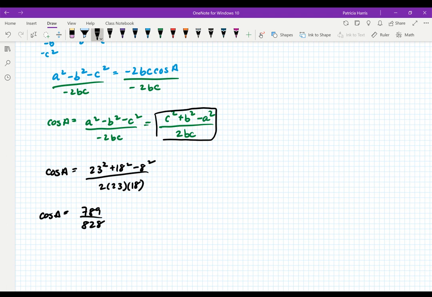If I take the cosine inverse of both sides, I get 17.655, or 17.7 degrees.